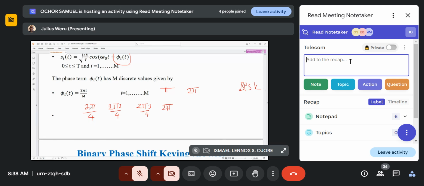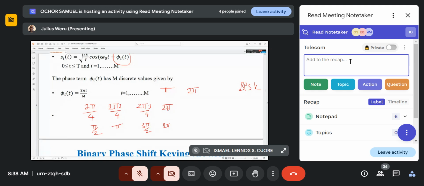So generally we are going to have pi by 2, this is pi, this is 3 pi by 2, and this is 2 pi. So that is the phase.